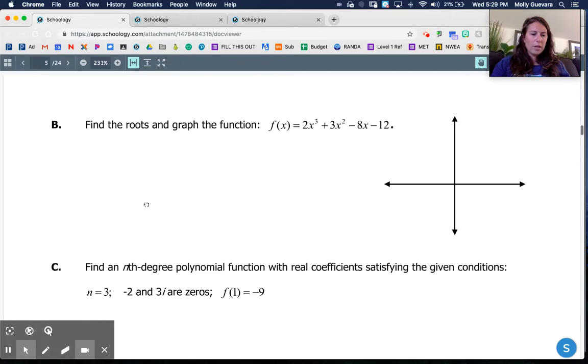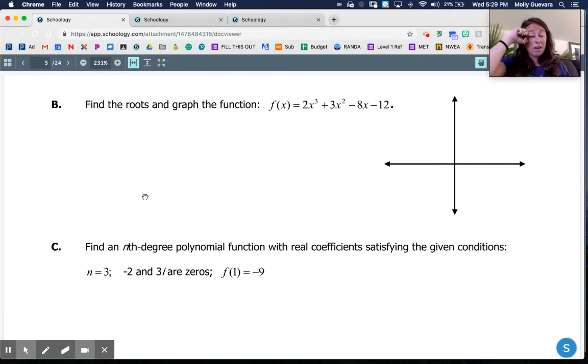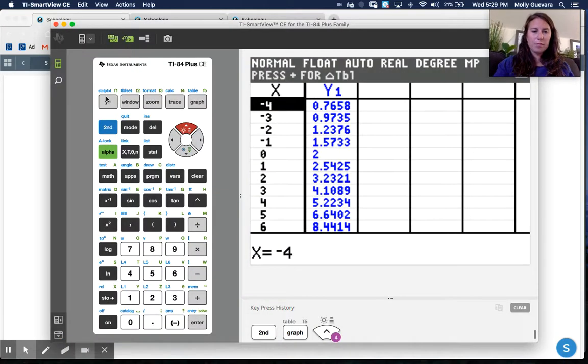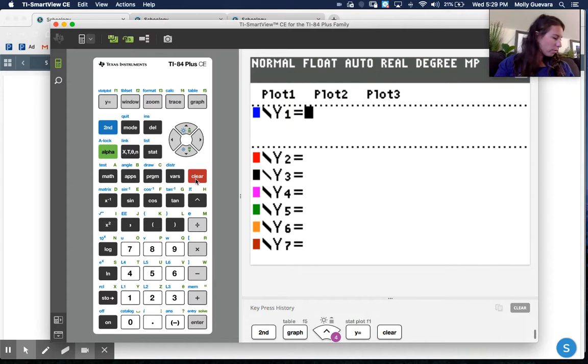Next one is from Unit 2A. Find the roots and graph the function. Since this is a degree of 3, I'm going to have to graph it first. So let's bring up our graphing calculator and graph it.